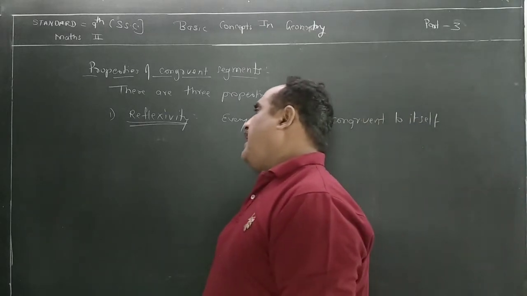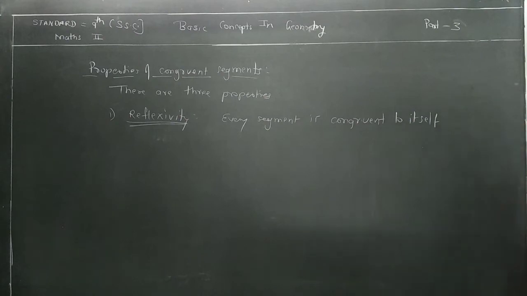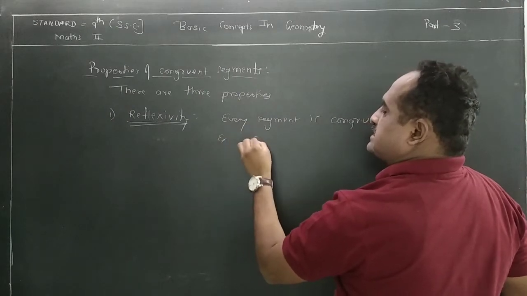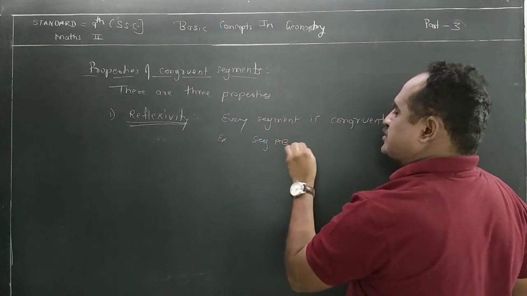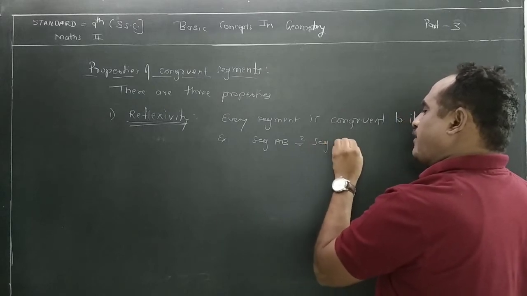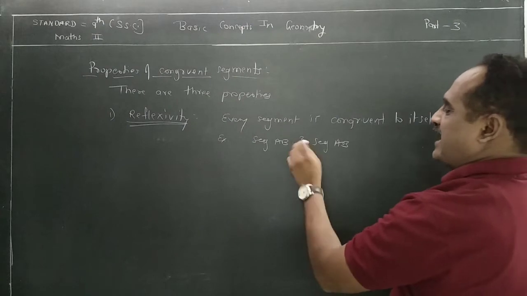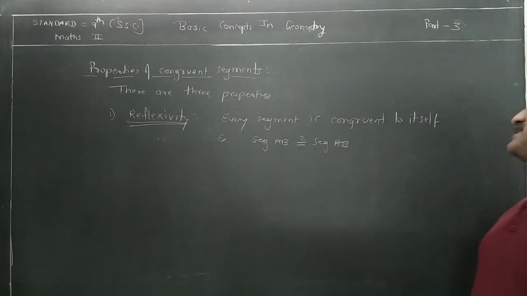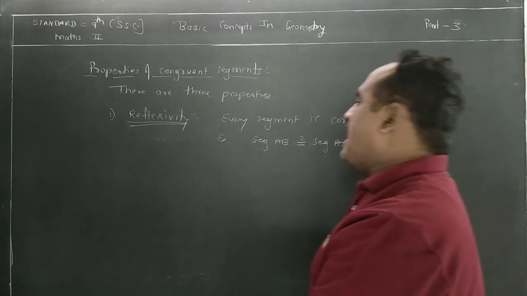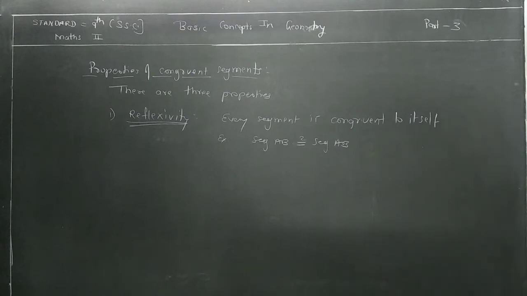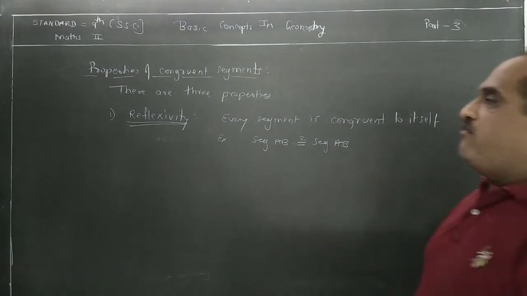That is, segment AB is congruent to segment AB. Segment BA is also the same thing as AB. So segment AB is congruent to segment AB. That is the property of reflexivity: every segment is congruent to itself.